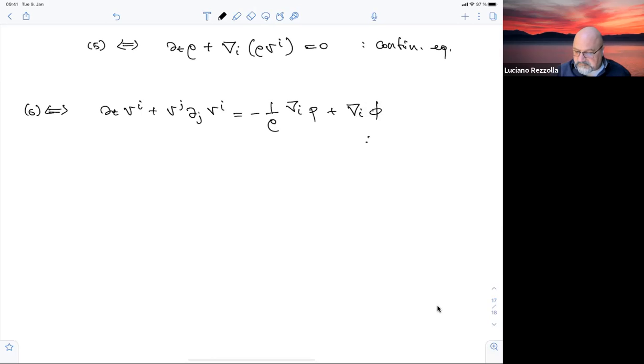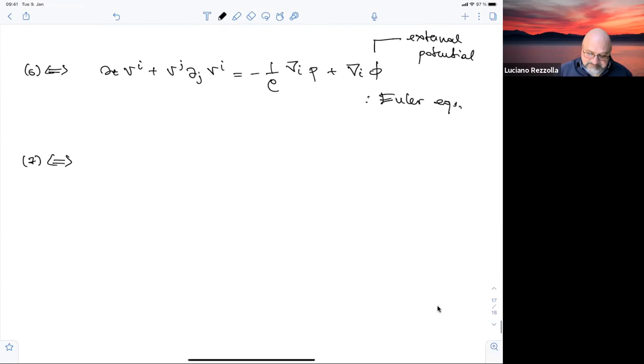And these are called the Euler equations. Here phi is an external potential, for instance gravitational.